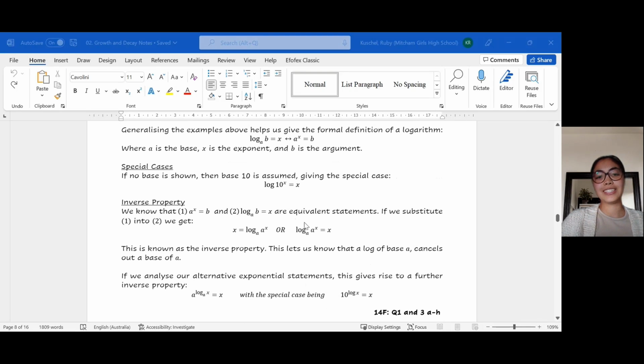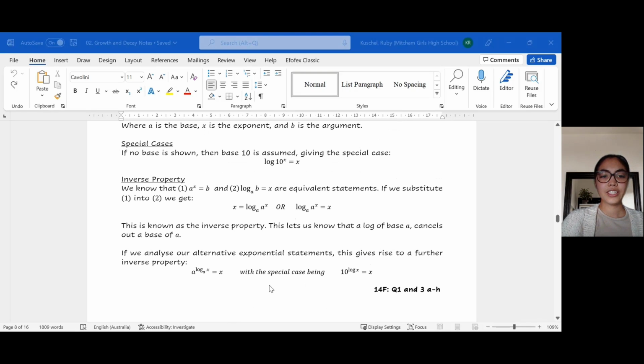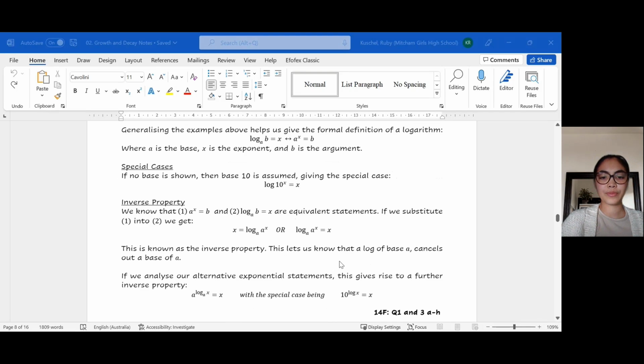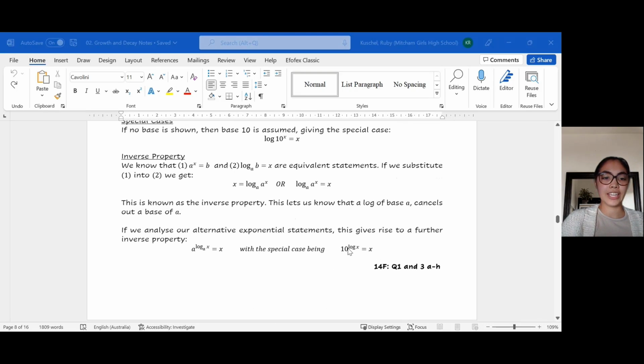As I said before, this is known as our inverse property and allows us to cancel out a log base a of a as well as our exponential here. So further analysing these alternative exponential statements from the ones up here, we can further say that the inverse property, if we had a to the power of log base a of x equal to x, again, we can cancel out this a to the power of log a to just give us x left over.